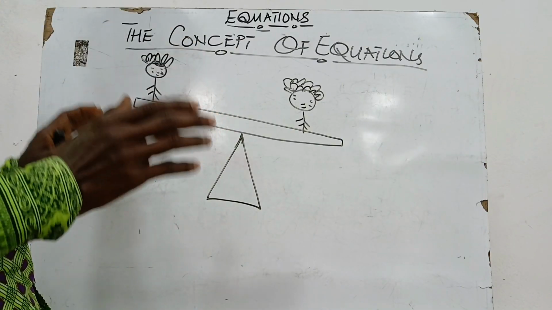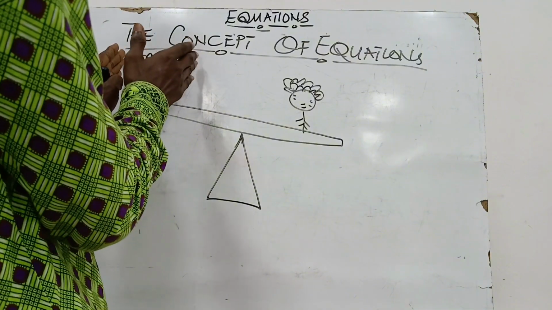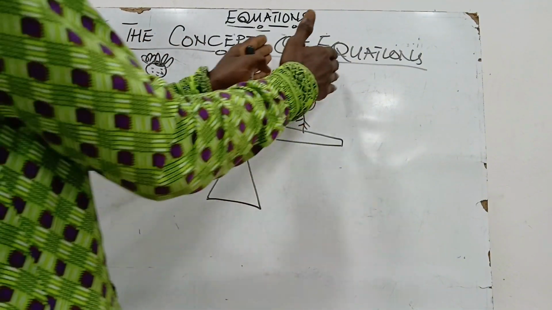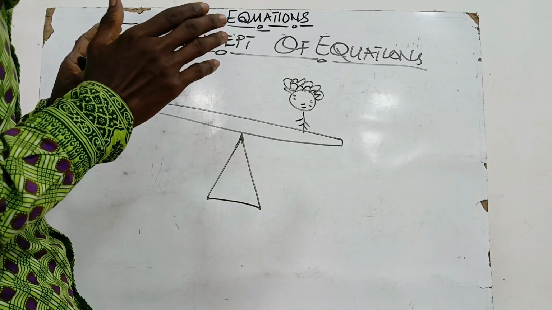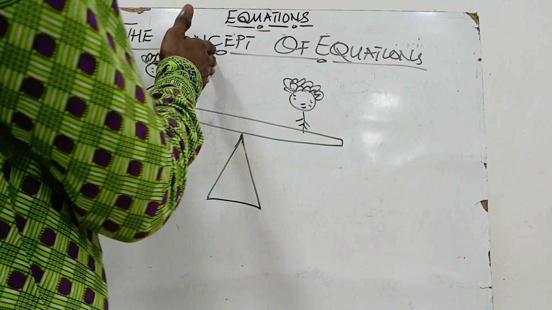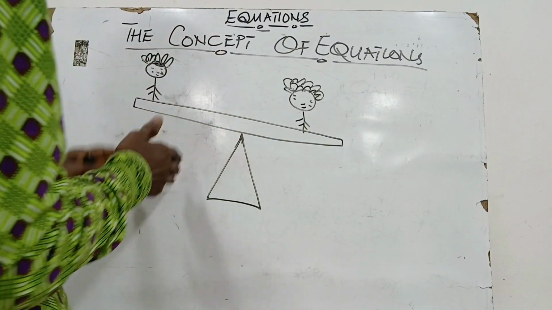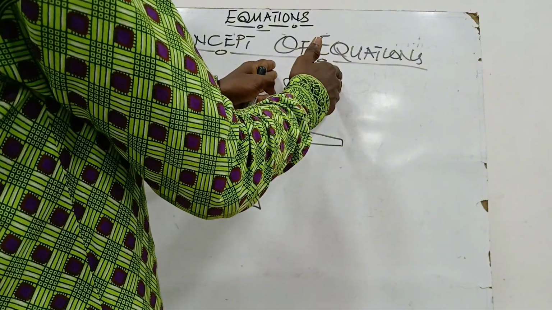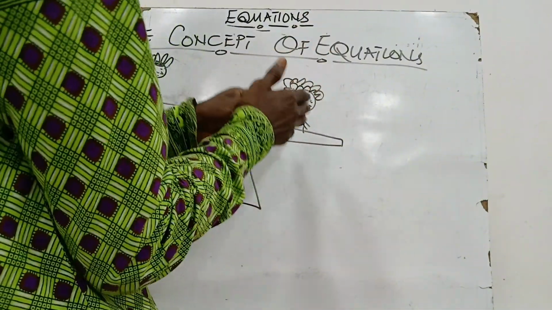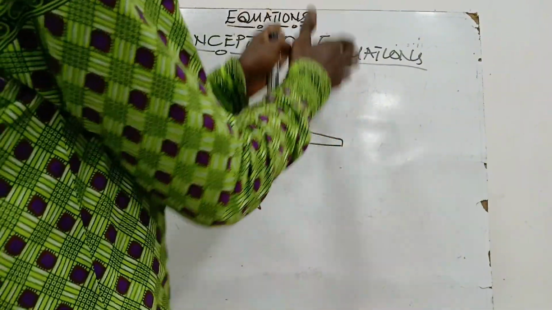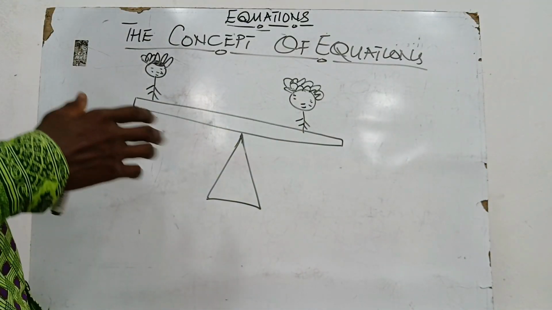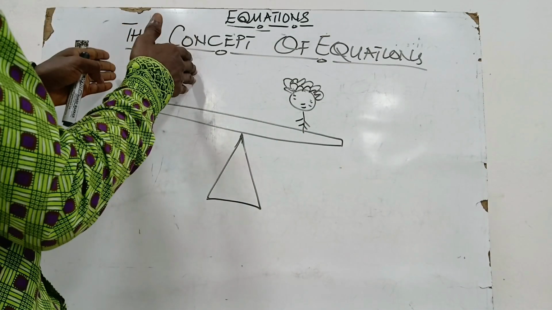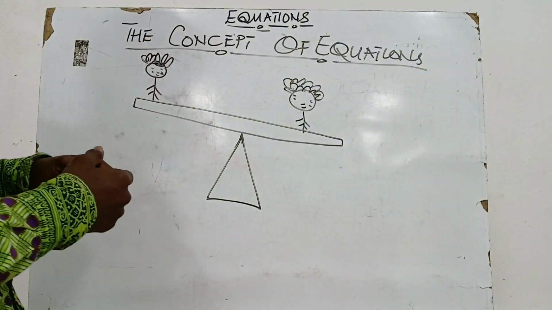The concept is that every single item here should balance all the items here. All the items you have here, you must have similar items to make sure that this thing remains balanced throughout. That is the concept of equations. The same things here should be the same things here.